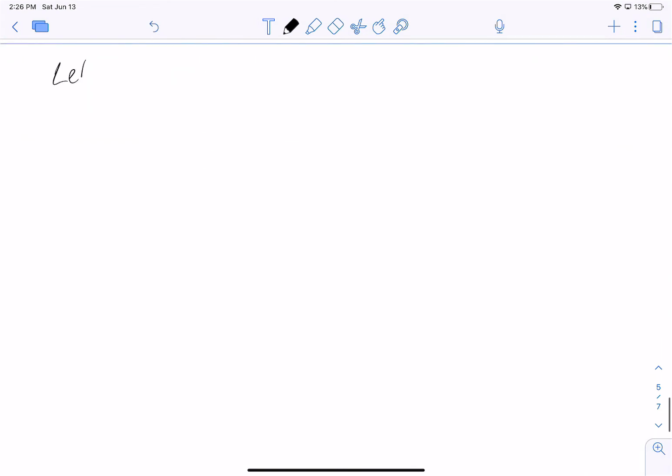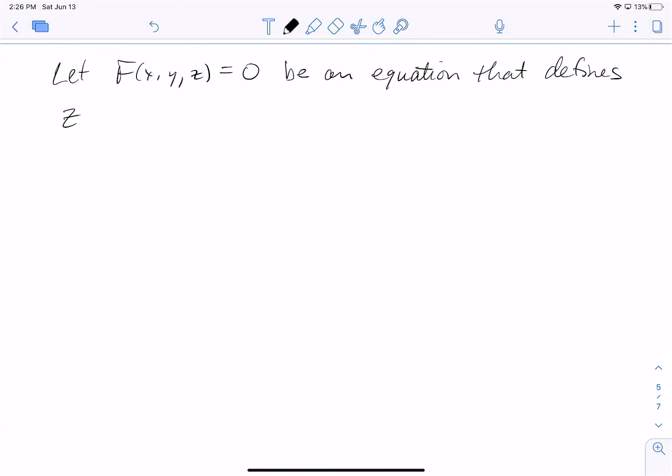We can extend this to more variables. Let f of x, y, z be an equation. It would help if I wrote an equation, wouldn't it? Let f of x, y, z equals 0 be an equation that defines z now implicitly as a function of x and y.